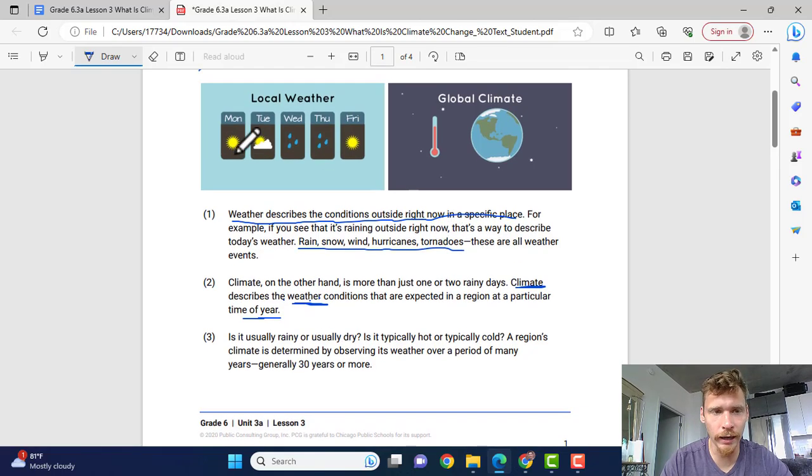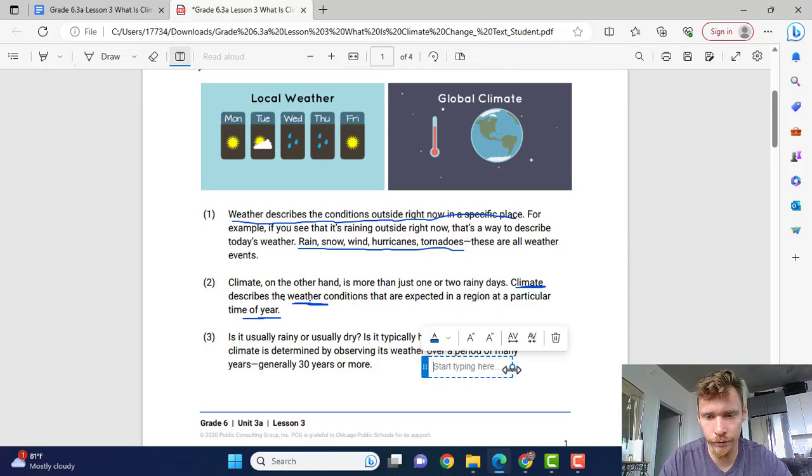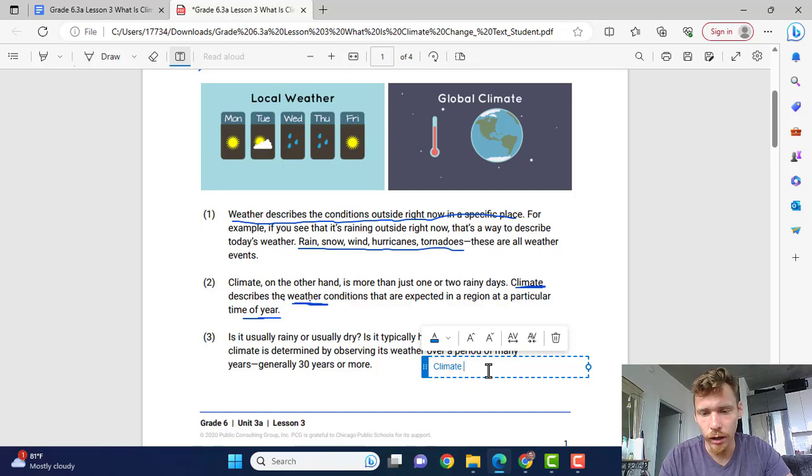So I'm going to say that the central idea of paragraphs 1, 2, and 3 is that climate is different from weather because climate describes weather over a long period of time.